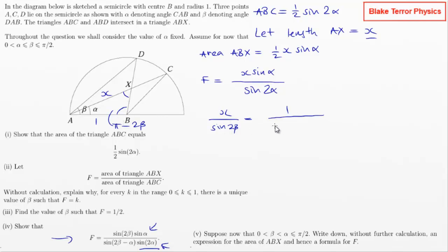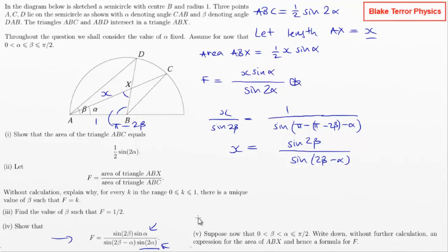But that is then the sine of, good grief, pi minus 2 beta minus alpha. Right, so the pi's cancel, and that is then sine of 2 beta minus alpha. Oh, okay, what do we know? So there we go. x is sine 2 beta over sine of 2 beta minus alpha. And then we plug that x into here, and we've got exactly what they want.